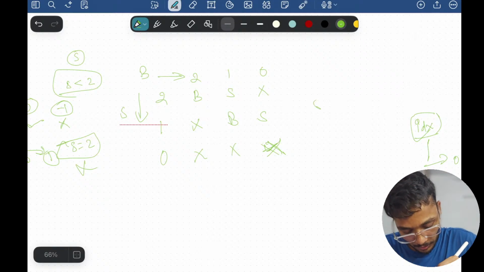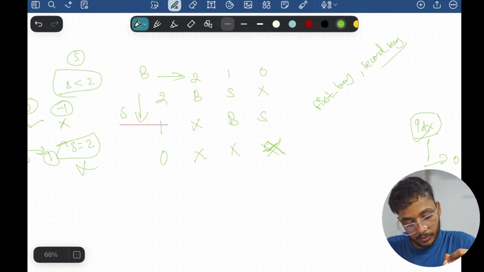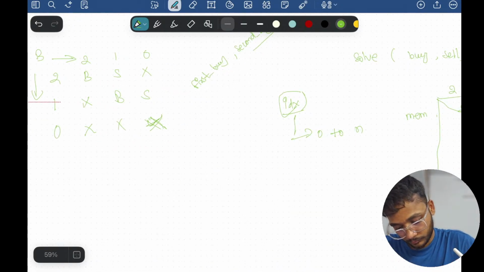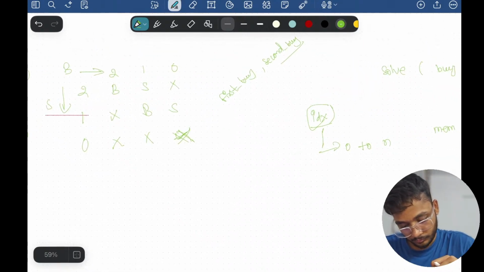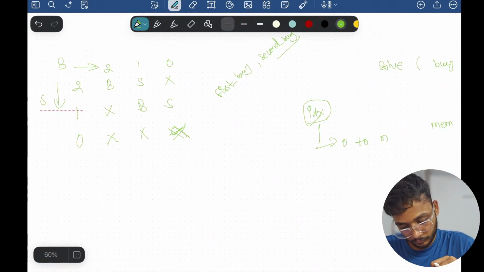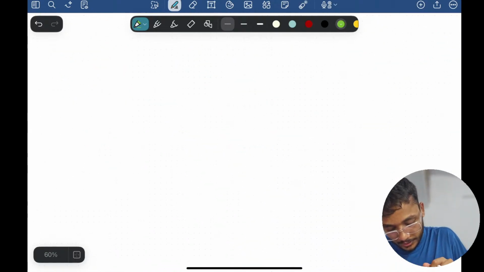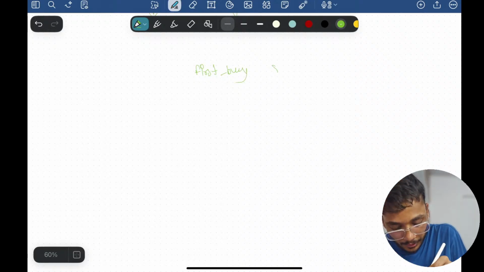There I saw an example: first buy, second buy. So let's say like this, first buy and second buy.